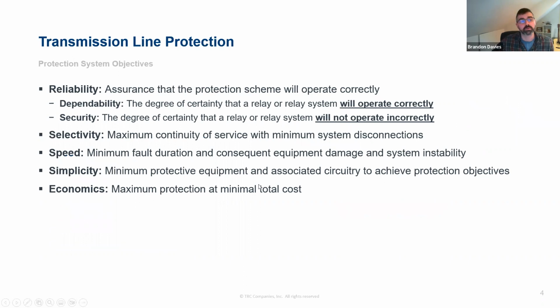So we talked about the protection system's objectives just a few minutes ago. So I'm going to skip over this slide, but I put this slide into every single presentation and training I do for anything.